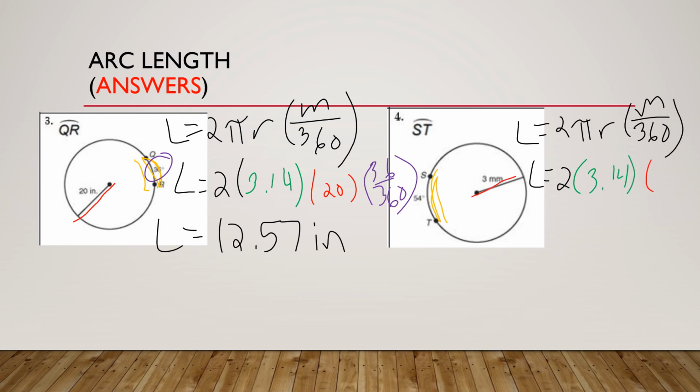My radius right here is 3 times my measurement, which is 54, divided by 360. We put all those values into our calculator. It equals, and to simplify it, we would get 2.83. And again, since we're just length, that would be millimeters. So again, you would continue with the other practice on the sheet and check your answers.